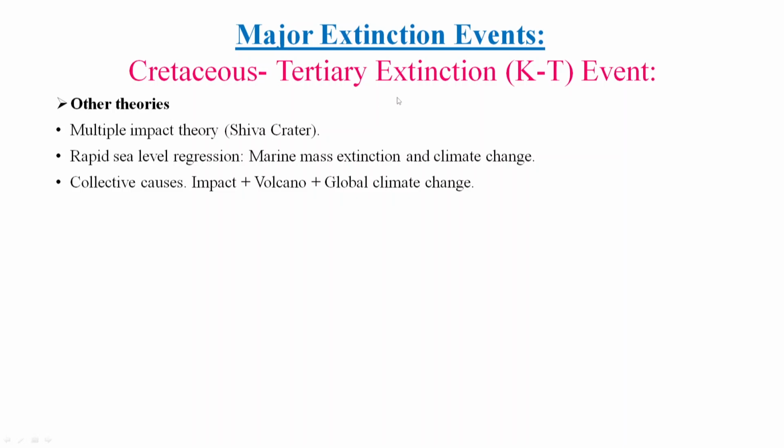So here I would like to conclude my discussion on the few major extinction events. There are also some minor extinction events which can be identified by the extinction of a certain type of species, but obviously they are related to some kind of environmental changes over a short period of time.